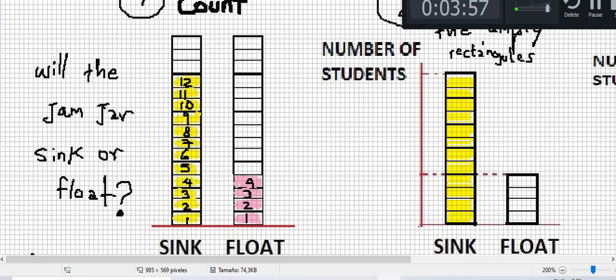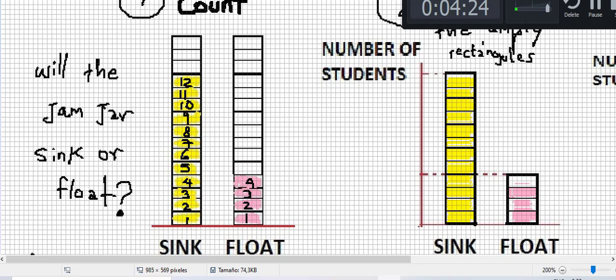And the next color is pink or violet maybe. Color the same amount of rectangles. Don't forget it. Now we are sure about the amount of votes for each different opinion.